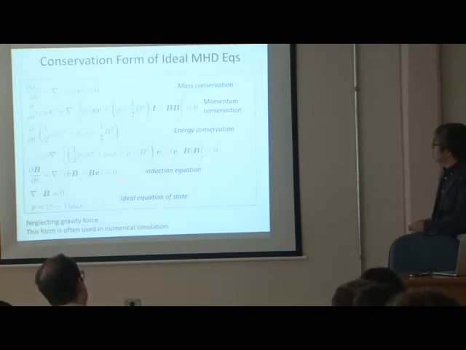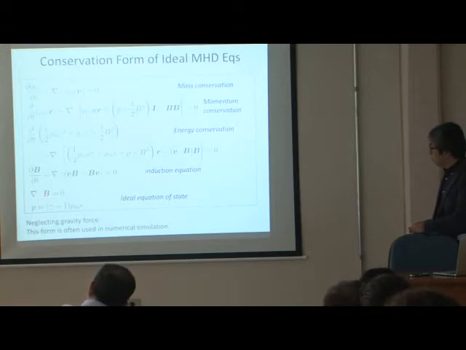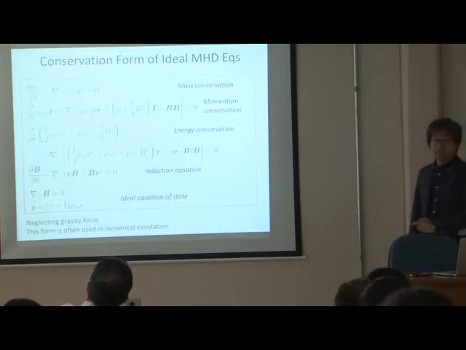And then we can couple the induction equation, and Nabla dot B equal to 0, and then the equation of state. So this is what we call the conservation form of the ideal MHD equations.